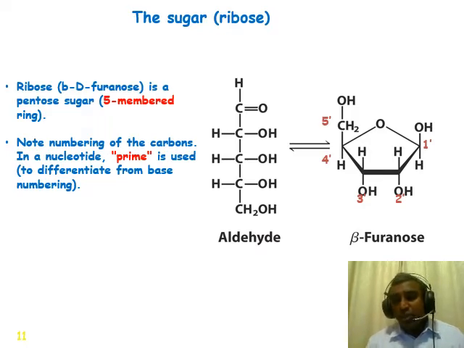For the sugar in the nucleotide, it will be marked as 1 prime, 2 prime, while the base attached to the sugar, the bases A, T, G, C, and U, their members are labeled as 1, 2, 3, 4, 5. Just to differentiate between the sugar and the base labeling.